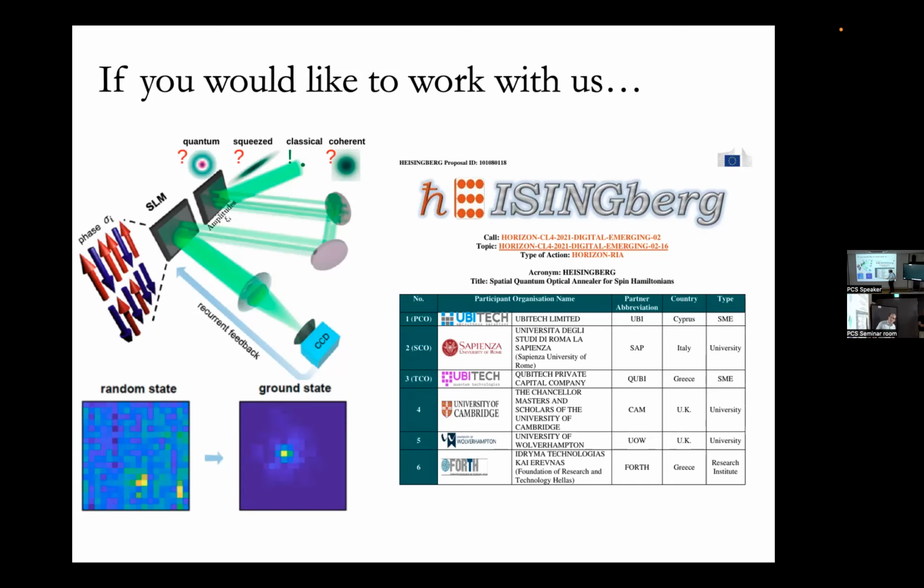We promised the European Union that we are going to study what happens when you interfere optical fields in a spatial light modulator with the goal of realizing some photonic machine that does some Ising type of calculation. So we'll have some positions to work with us for this in the next four or five years or so. So if you are interested, then get in touch because we will be looking for people.